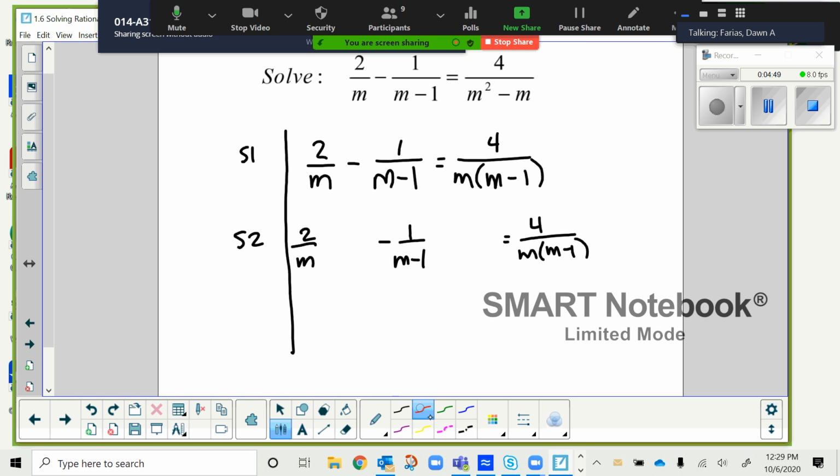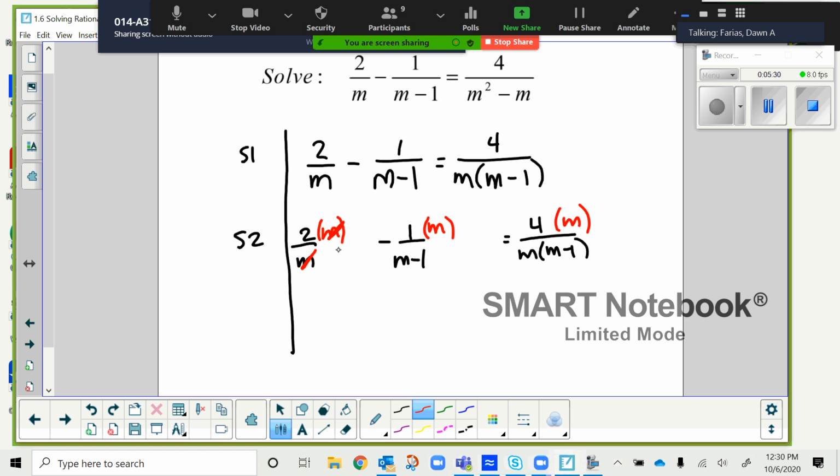So for example, on that first fraction, just like that intro problem I gave you, in order to cancel out the m in the first fraction, I need to multiply that term by m, which we talked about already. But in this equation, you can't just multiply one thing by m. You have to multiply all of the things by m to keep the equation in balance. And that m would cancel out that first denominator.